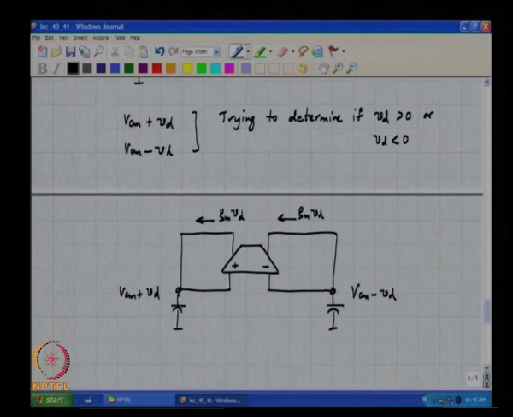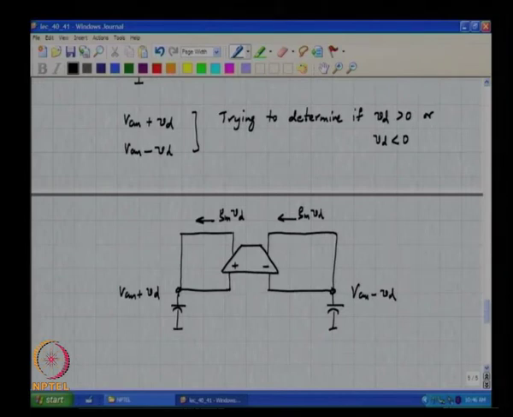Does it make sense? Earlier we were looking at one voltage and pushing one current. Now we are looking at the difference between two voltages and pumping a current which is proportional to the difference between these two voltages.